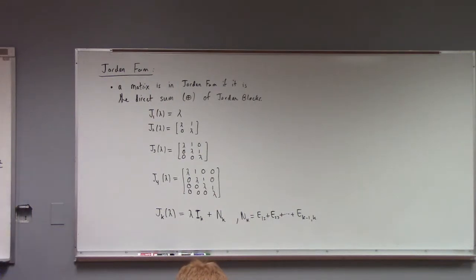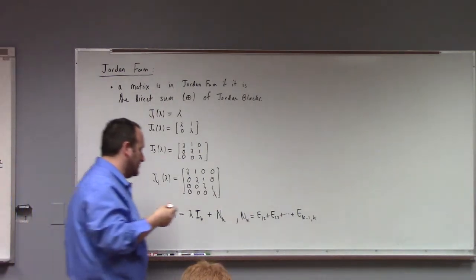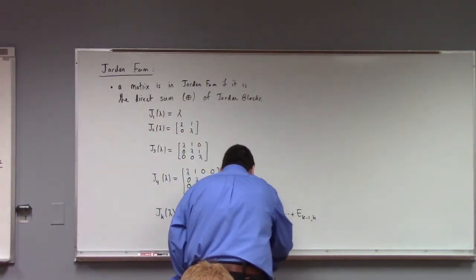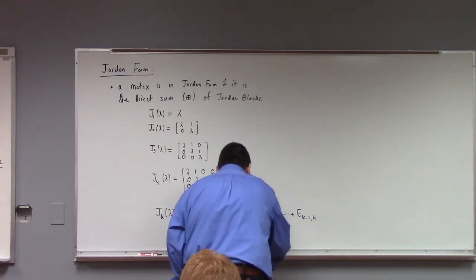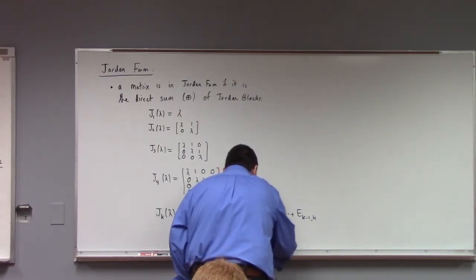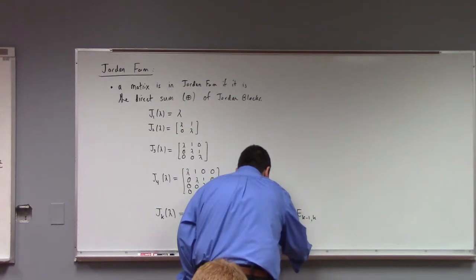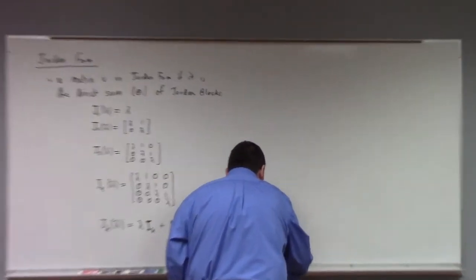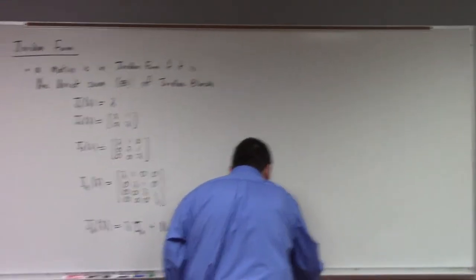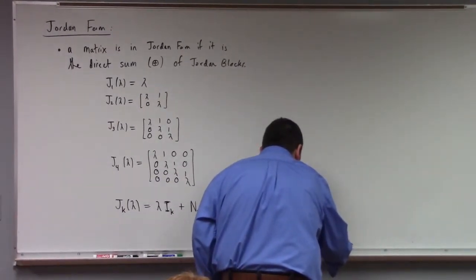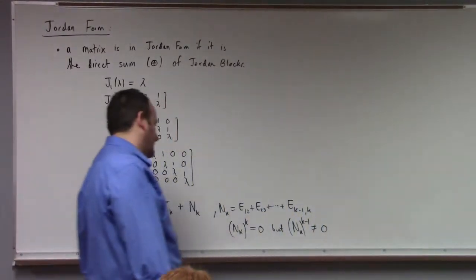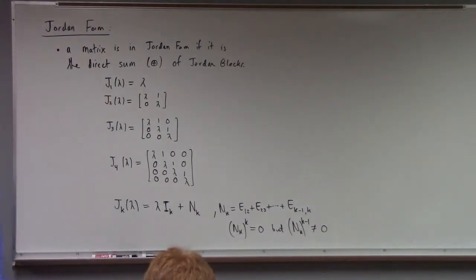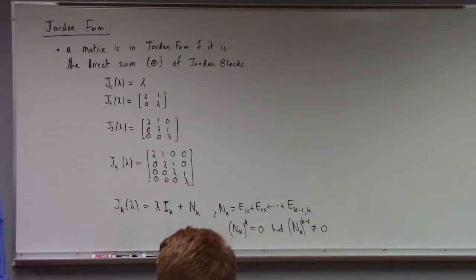And the thing that makes this interesting is that this N sub k is nilpotent of order k. N sub k to the k power is equal to 0, but N sub k to the k minus 1 is actually not equal to 0. It is the matrix which is all zeros, except it's got a 1 in the upper right corner.